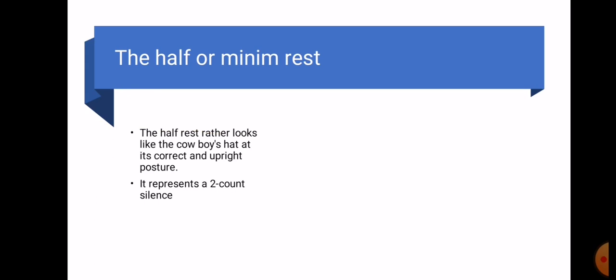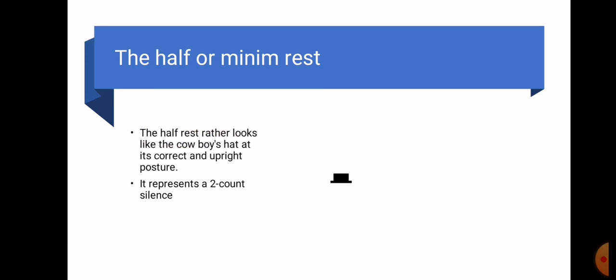Now let's look at the half or the minim rest. The half rest looks like the cowboy's hat at its correct and upright posture, the way it looks if it's on a person's head.